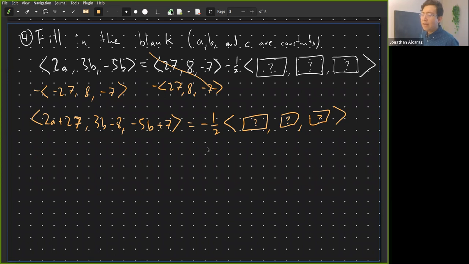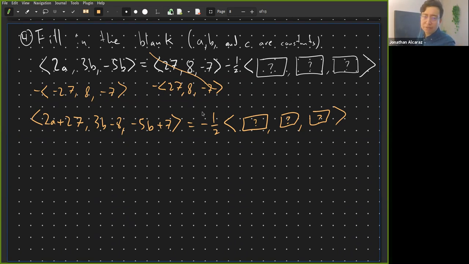Okay. And now I need to cancel out this negative 1/2. So, sorry, someone's coming with a question. Is it plus 27? Yeah, this here is plus 27. Okay. And now to cancel out this negative 1/2, I multiply by negative 2, right?